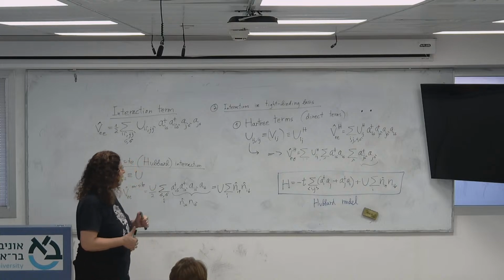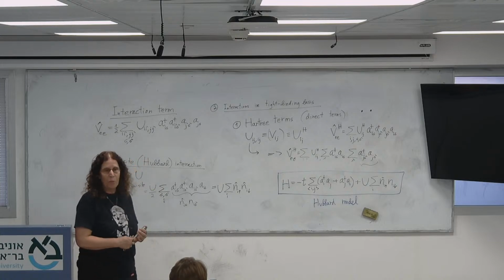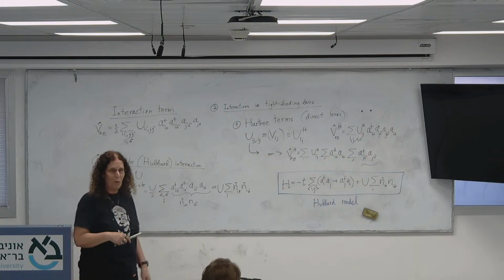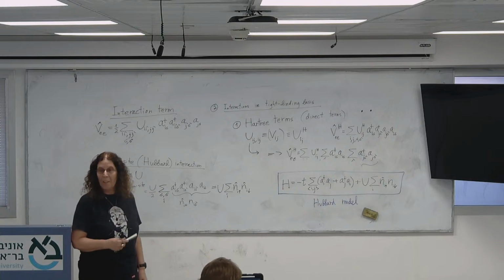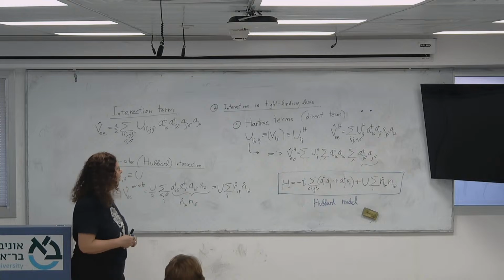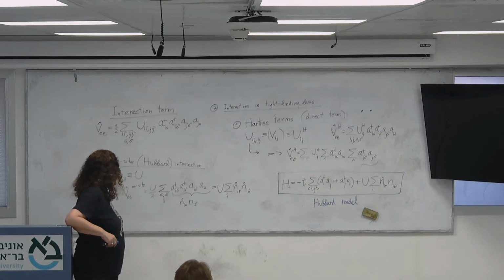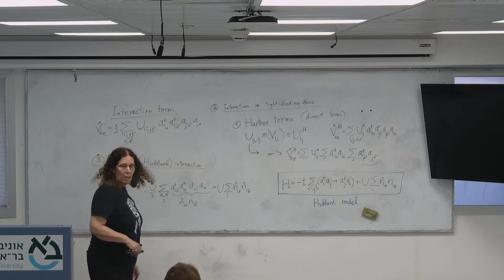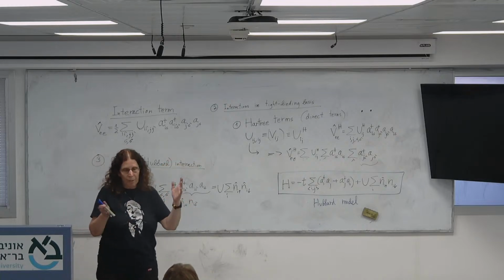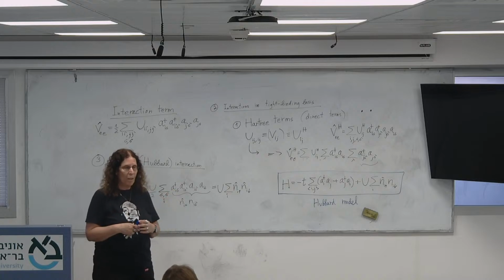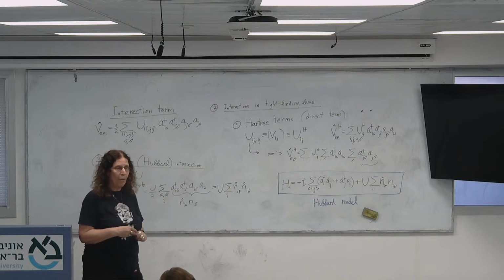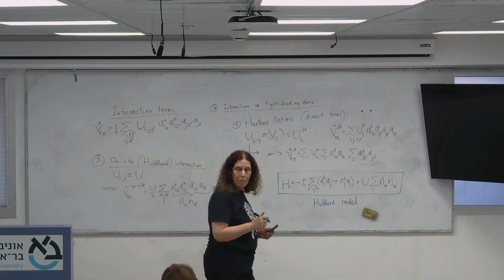So, in fact, you can get not ferromagnetism, but anti-ferromagnetism, for example. And why is that? You'll see it next week in the tutorial. But these 3 terms that I mentioned are the most important special interaction terms that have significance.